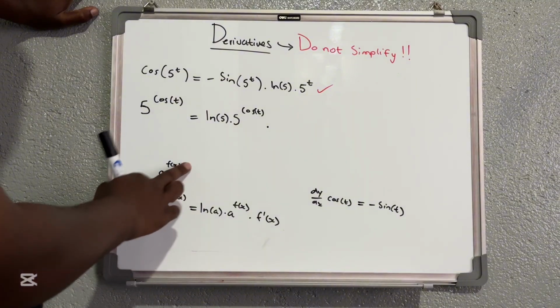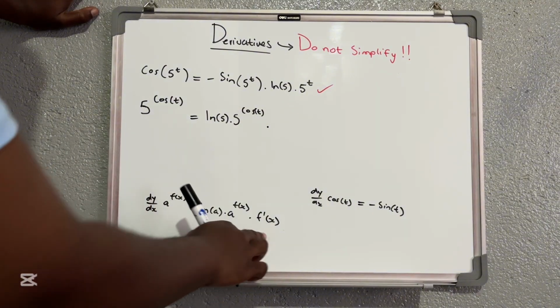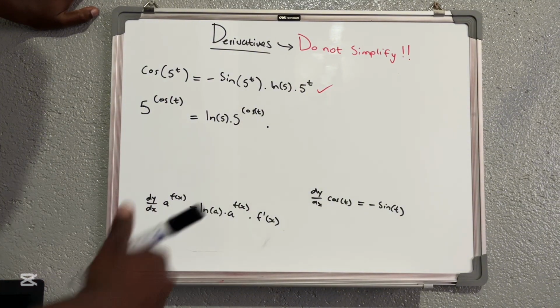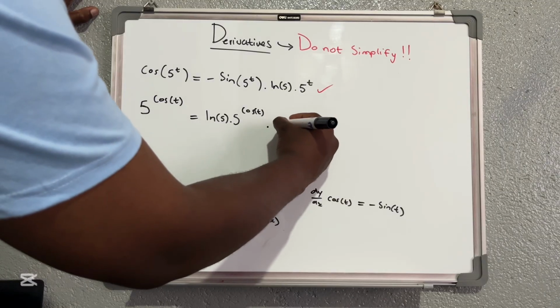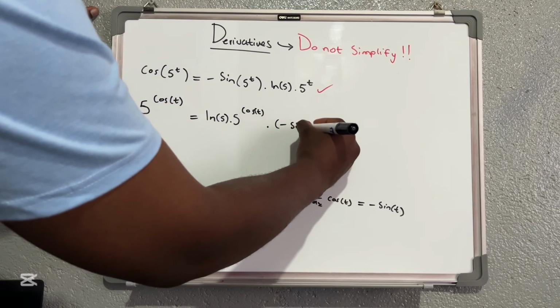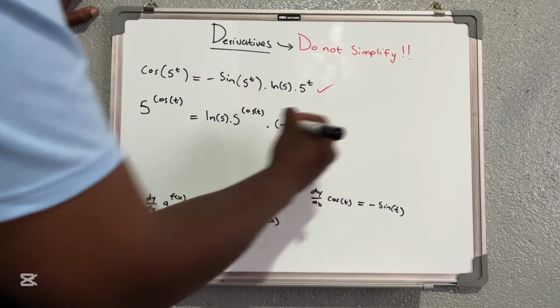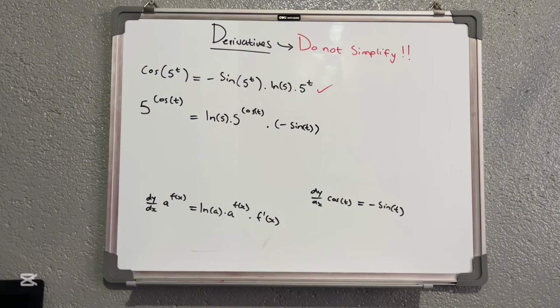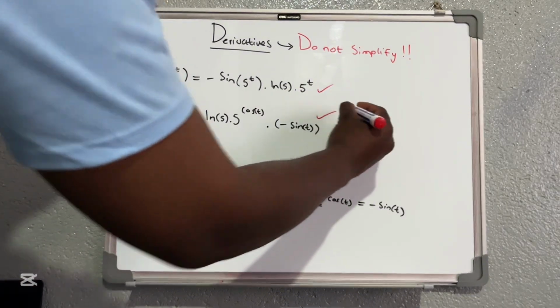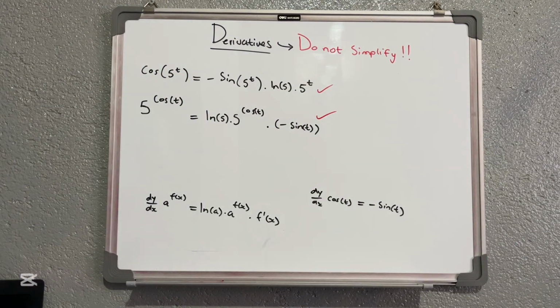So here we're going to be having that minus sine of t. So that would definitely be the final answer that you're getting. So I just hope now the flow with this is at least maybe getting there. You see.